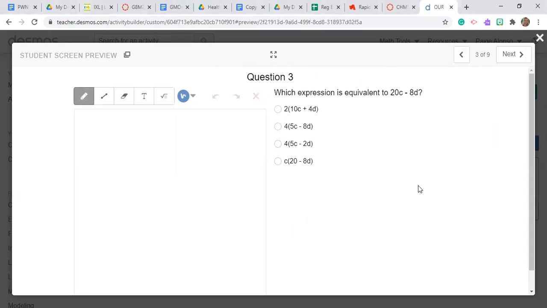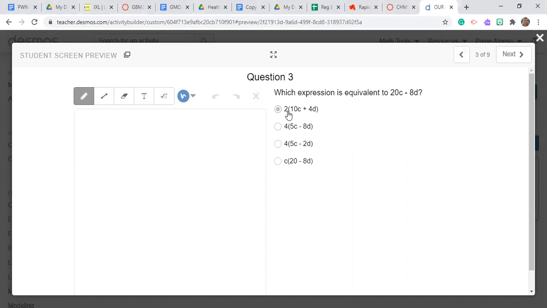Question number 3. Which expression is equivalent to 20c minus 8d? So this question is asking you to use the distributive property here. Let's look.